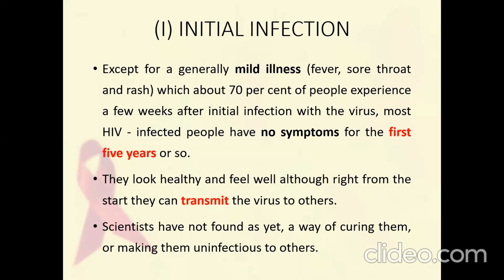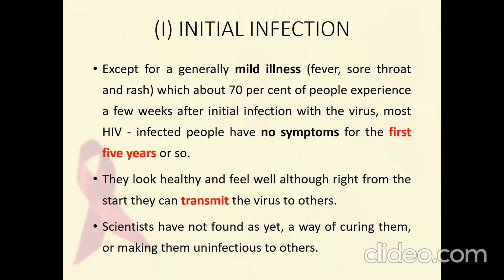They look healthy and feel well, although right from the start, they can transmit the virus to others. Even if they are asymptomatic or do not know that they are infected, they can transmit the virus to others. Scientists have not found as yet a way of curing them or making them uninfectious to others.